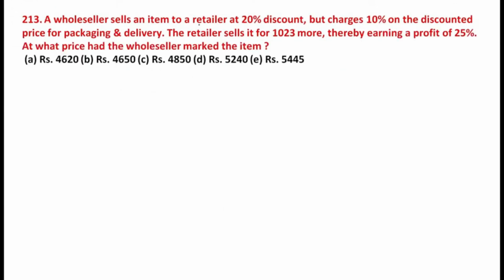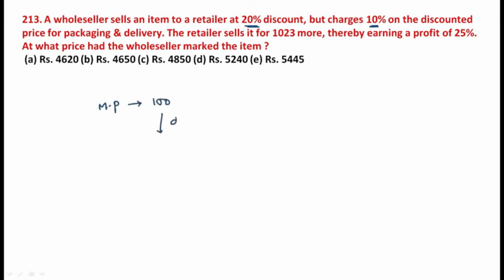A wholesaler sells an article at a 20% discount, but charges 10% on the discounted price for packing and delivery. The retailer sells it at 1023 rupees more, thereby earning a profit of 25%. Now, what price should the wholesaler mark on that item? See, the marked price is equal to 100.